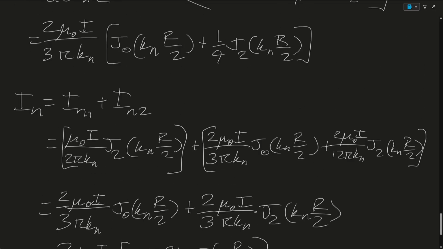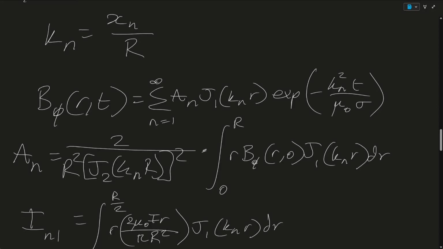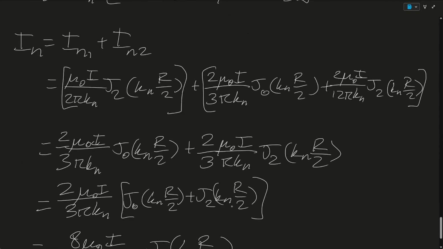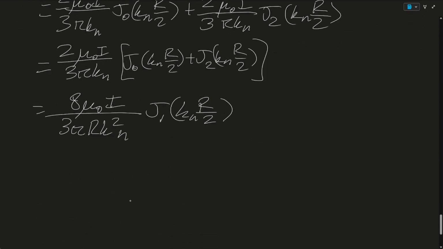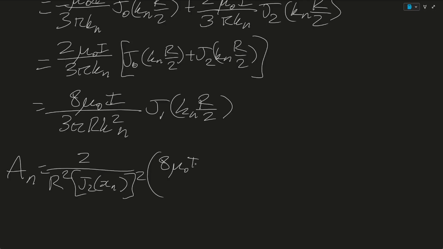Right, and now we have to substitute this back into an, which we have up here. We've solved that integral. I should have said that I've equated that to I n. So an is 2 over r squared j, that's not much for j, is it? j2 xn squared times that 8 mu naught I r squared, don't forget that, over 3 pi.